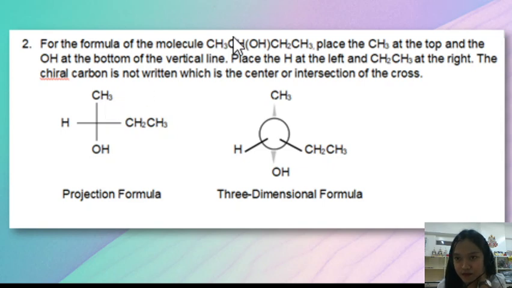Next, the hydroxide will go at the bottom part. So, methane and hydroxide, top and bottom. And then you have the hydrogen on the left side, and then you have the ethane on the right side. Okay. So, after you've done the projection formula, you can now convert it into a three-dimensional formula.